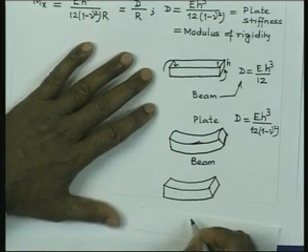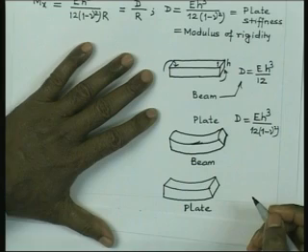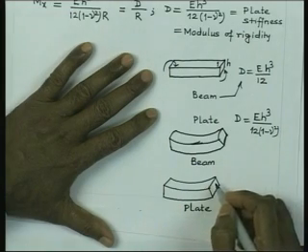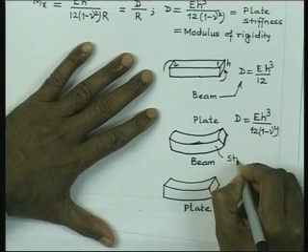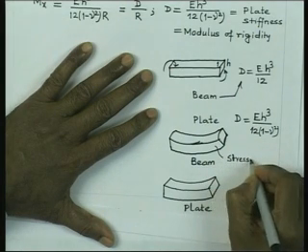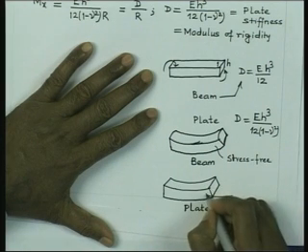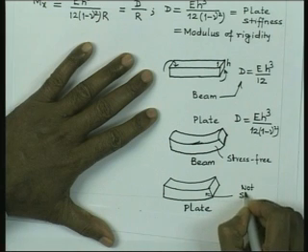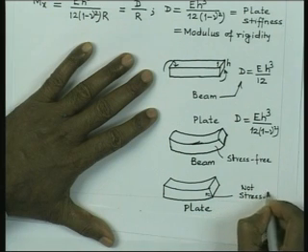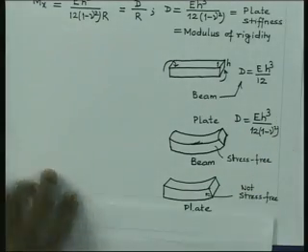This is the case of plate element, and that anticlastic curvature is prevented, and that is why there is some extra rigidity. In the beam, this face is now stress free, whereas in the case of plates they are not stress free, and this is the reason for getting this extra rigidity.